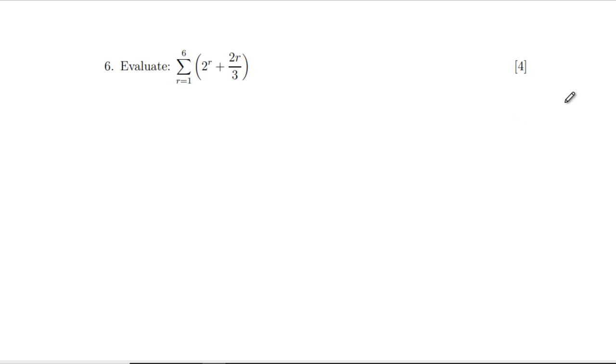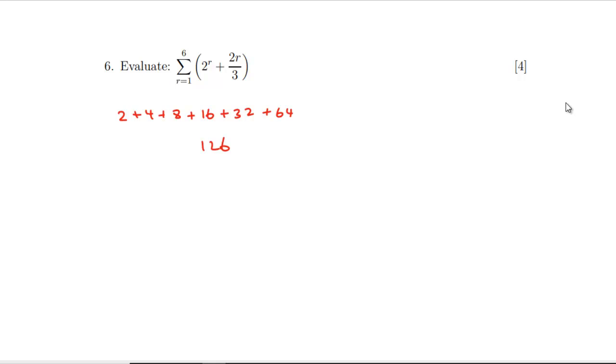Right, now we've got to evaluate this. So it's only going between 1 and 6, so I reckon we just stick in some numbers. So we've got powers of 2 up to 2 to the 6, so that's 2 plus 4 plus 8 plus 16 plus 32 plus 64. So that is 80, 112, 126.